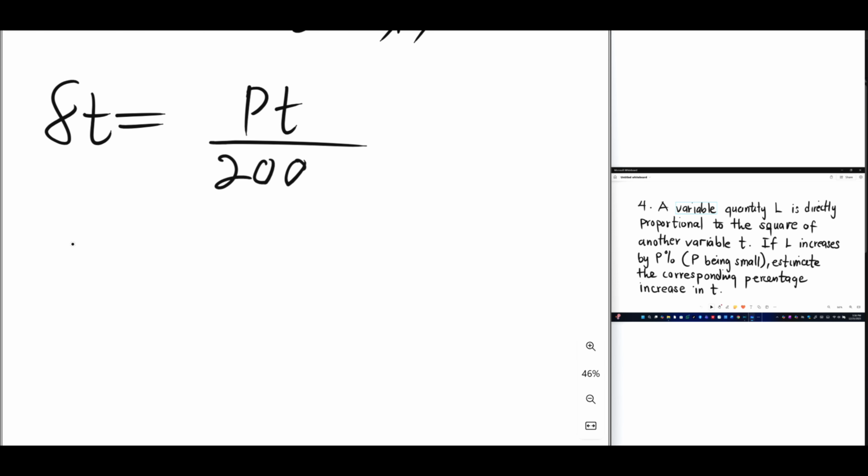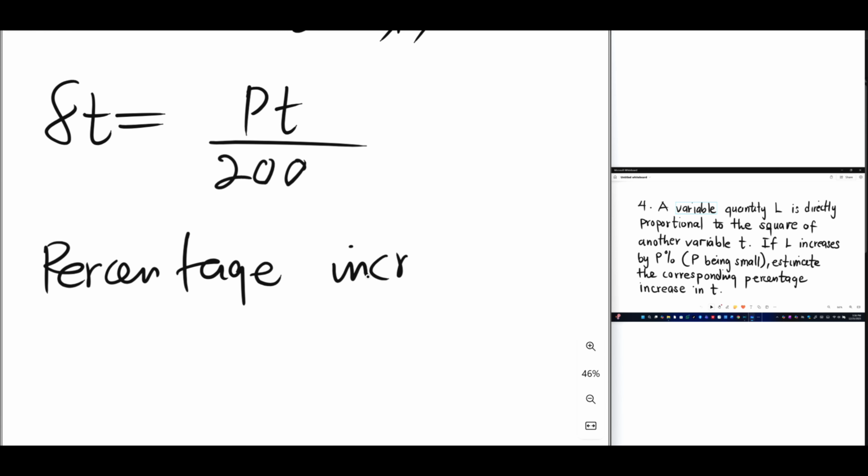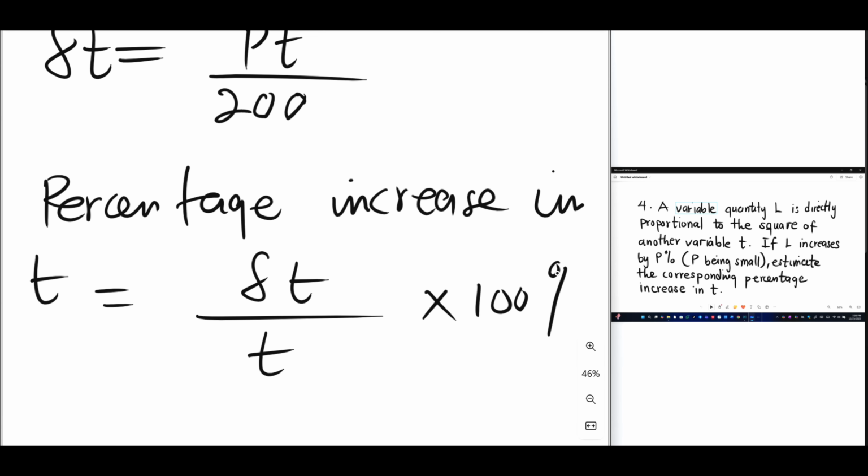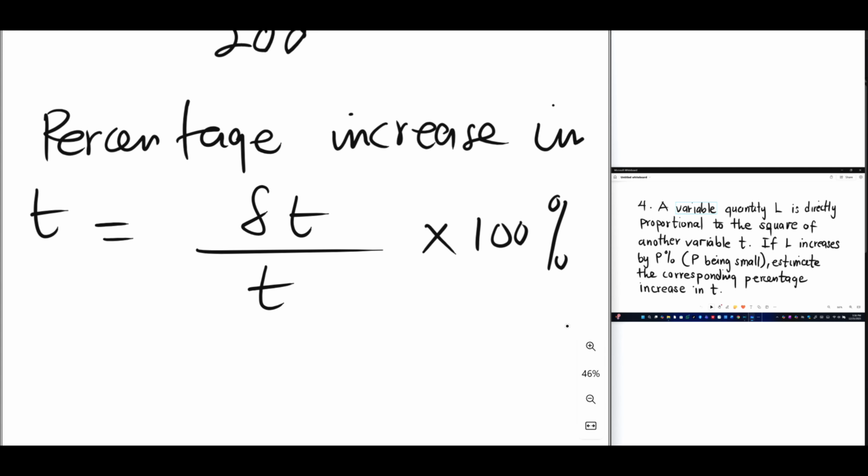So that would be percentage increase in T. Okay, will be equal to small change in T divided by the original T times 100%. Okay, this is how we find percentage change. It is a change over the original times 100%, right?